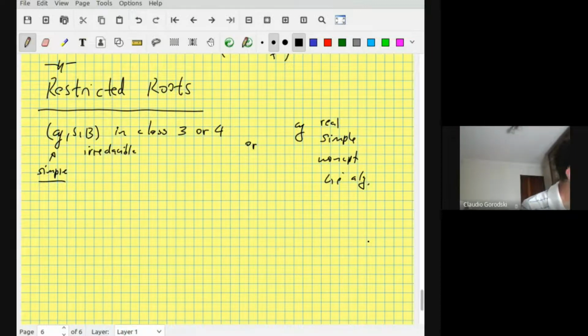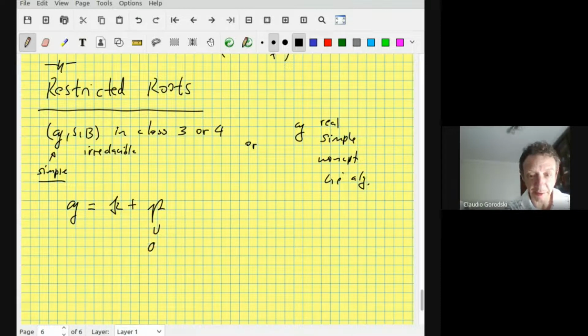How do we do that? Well, we have this Cartan decomposition, K plus P. And then here we take a maximal abelian subalgebra.